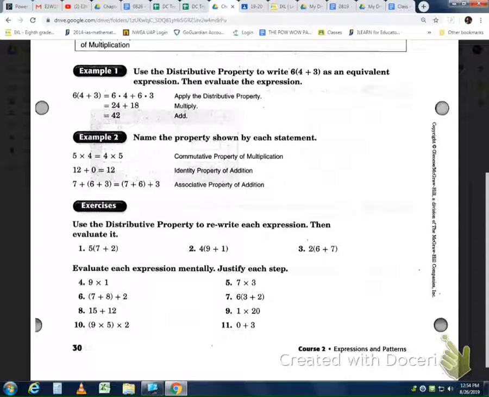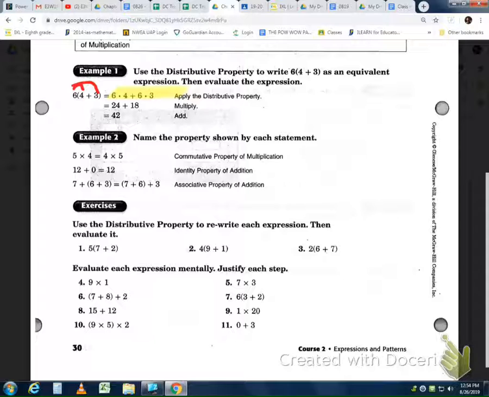So right here, when you go to rewrite this, they wrote 6 times 4 plus 6 times 3. So instead of adding what was in parentheses first, they distributed through 6 times 4 plus 6 times 3. Well, 6 times 4 is 24. 6 times 3 is 18. And then combine those to get 42.